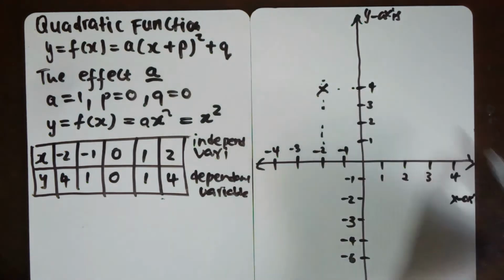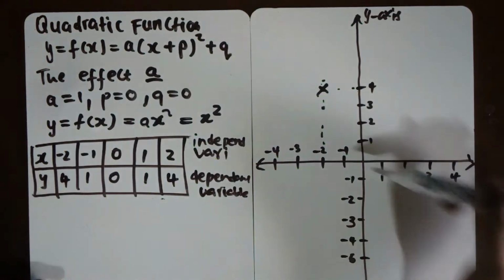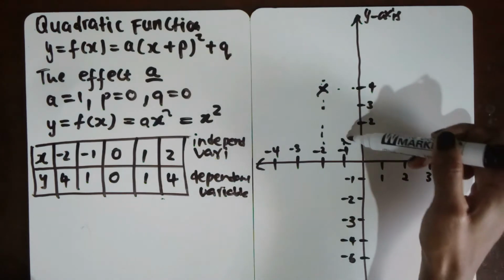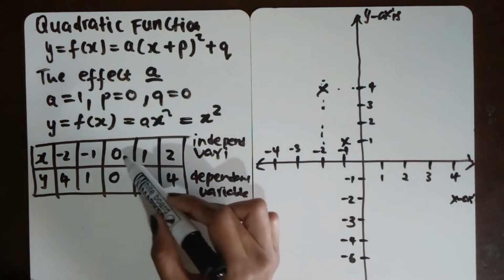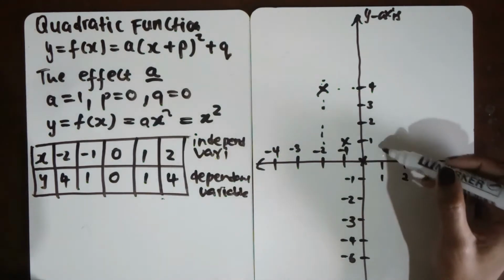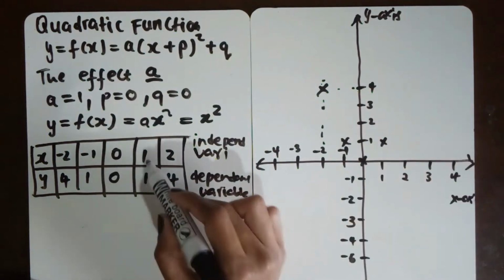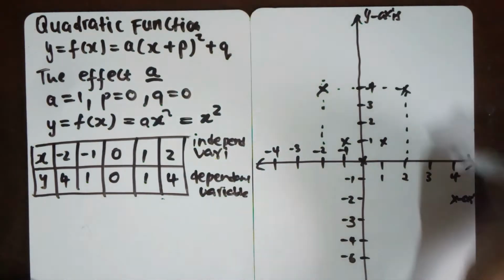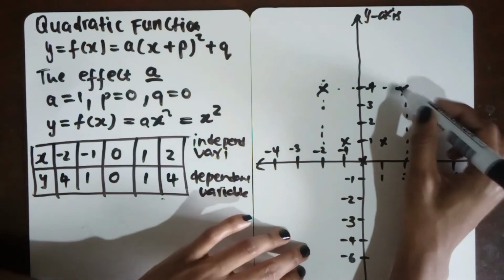So this is our first point. When x is -1, y is 1, right? So this will be our second point over there. When x is 0, y is 0. When x is 1, y is 1 as well. And then when x is 2, y is going to be 4. And so we have our coordinates.